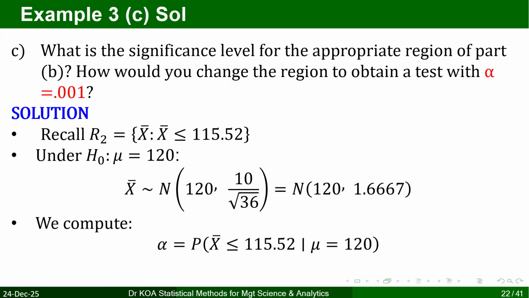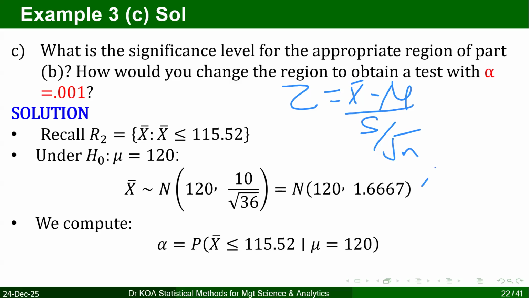Remember the formula that we got? Z is equal to X bar minus mu over S divided by the square root of N. We were able to get this Z and use the Z to get the probability. Always remember that you get X, you use the X to find the Z, then use the Z to get the probability.